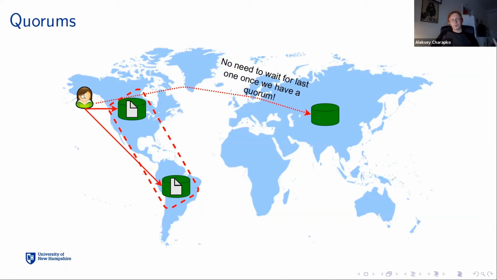So if this user writes this data, she only needs to wait for her 2 closest storage sites, while the further site will eventually get the data, but she is not blocked on this site receiving this data. So we can essentially improve the performance of our write operations.